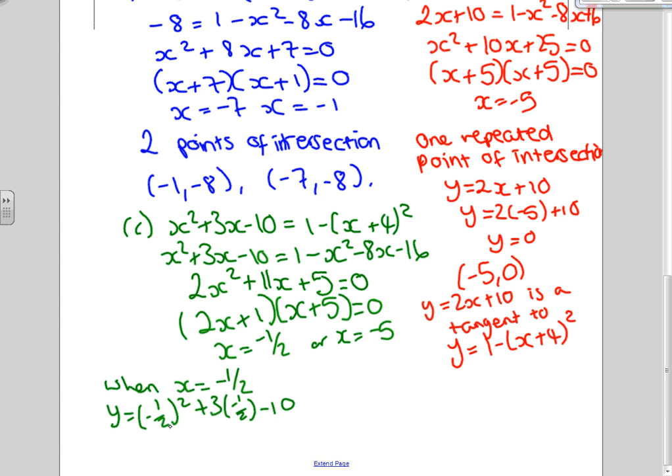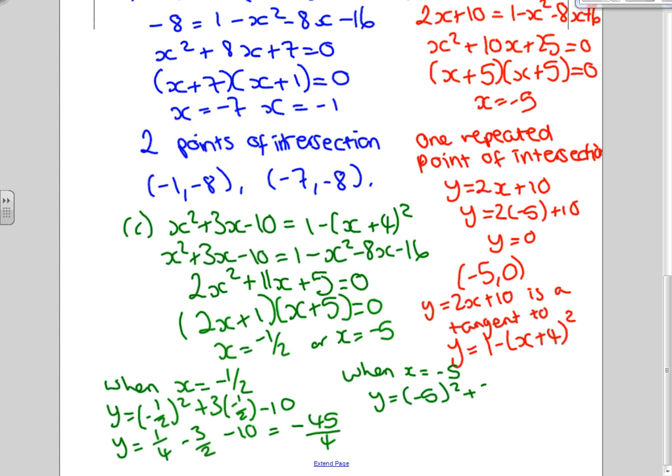which gives us y is equal to a quarter minus 3 over 2, minus 10, which gives us minus 45 over 4. And when x equals minus 5, we have y equals minus 5 squared plus 3 lots of minus 5 minus 10, which gives us y equal to 25 minus 15 minus 10, which equals 0.